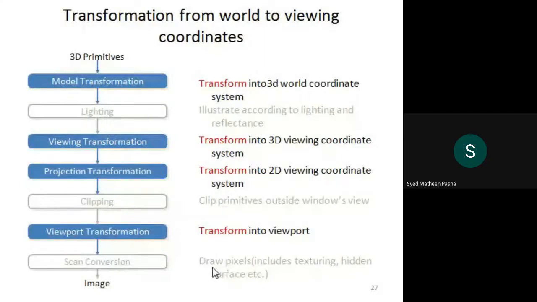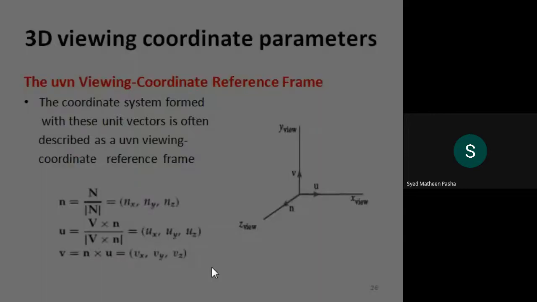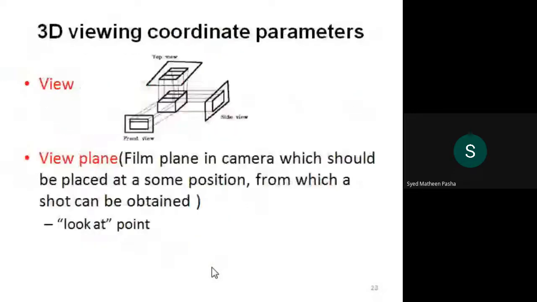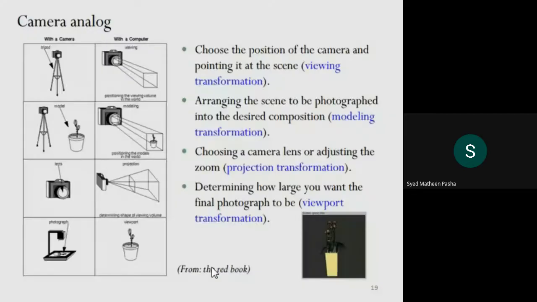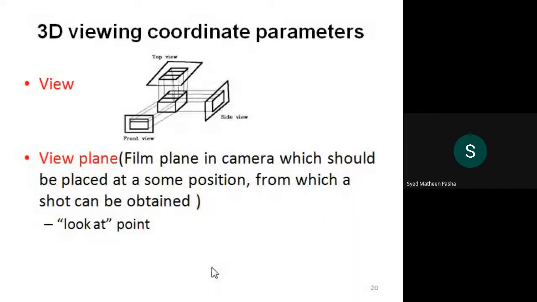So that was all about the parameters we have studied with respect to 3D viewing. I'll just brush up on what the parameters are. This is actually an 8 to 10 marker question: explain 3D viewing coordinate parameters.